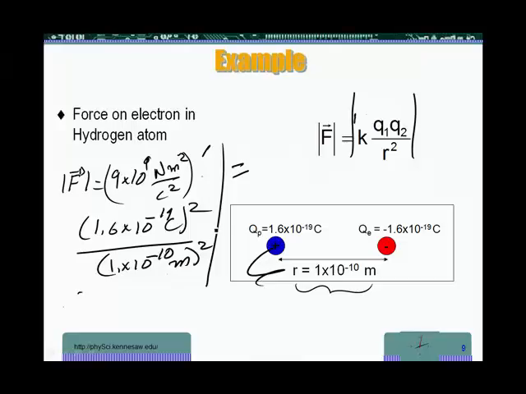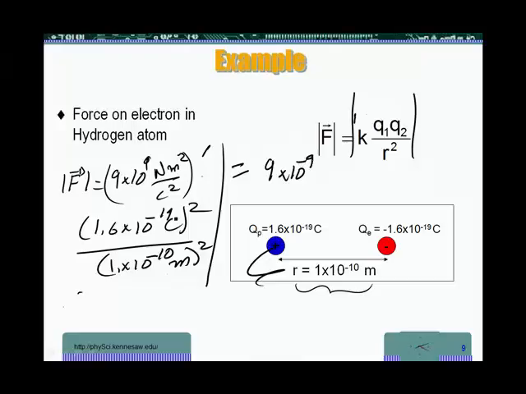That gives us 10 to the minus 18 times 10 to the 9. That gives us 10 to the minus 9. So we have 9 times 10 to the minus 9.